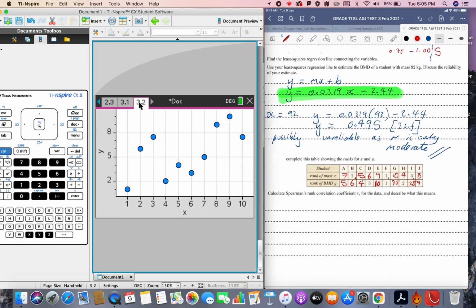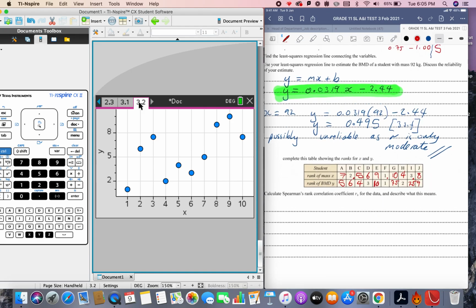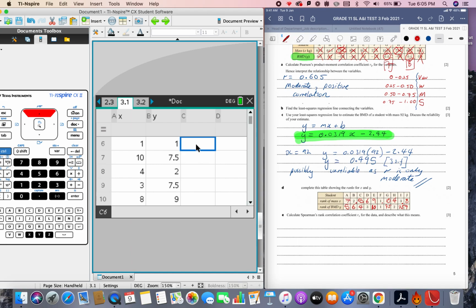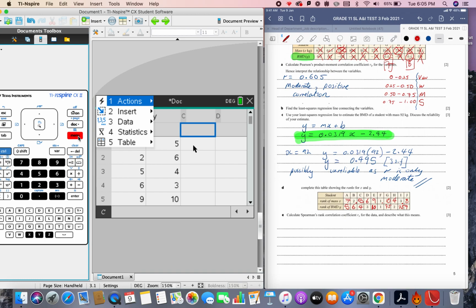Okay, so when we now perform the R value for Spearman's, we actually just go through the same process. If I go back to the ranks in here, we just ask the calculator to work out the correlation coefficient for the ranks, and this is called Spearman's rank correlation coefficient.